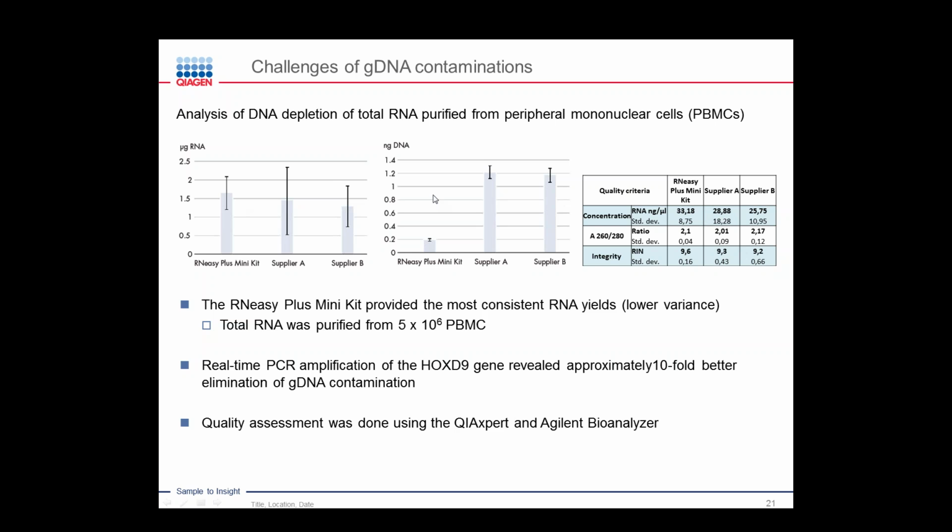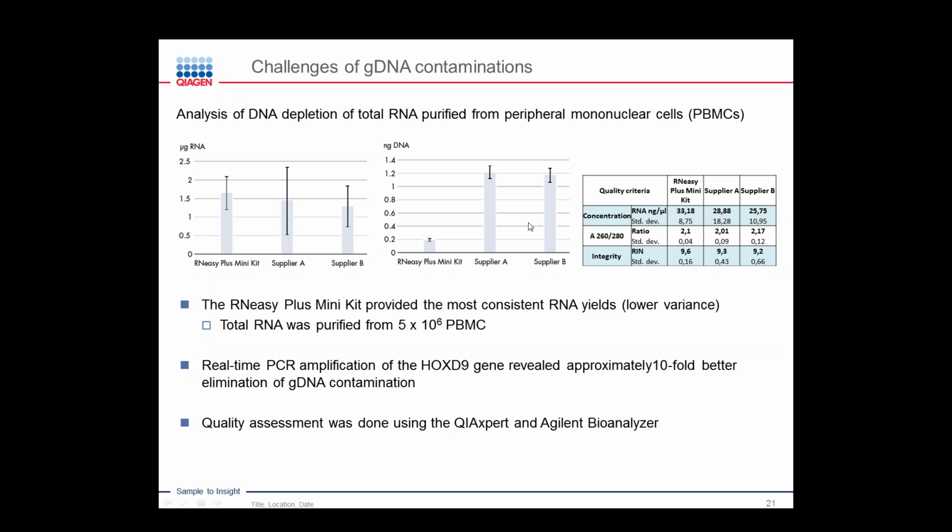The residual DNA amount was assessed by real-time PCR amplification of the HOXD9 gene, revealing an approximately 10-fold better elimination of gDNA contamination compared to the competitor kits. You can see this here. The RNeasy Plus kit has a much lower residual DNA content compared to the other competitors.